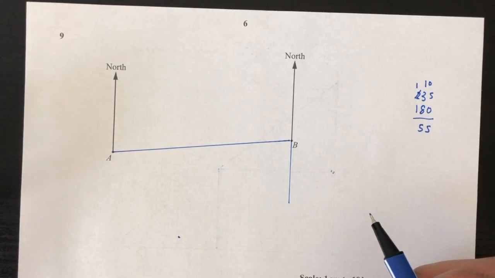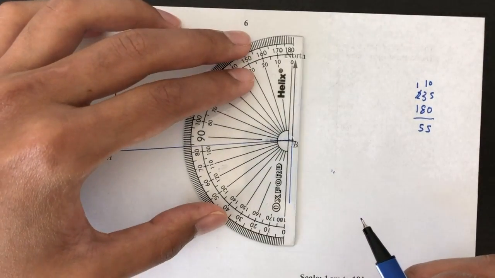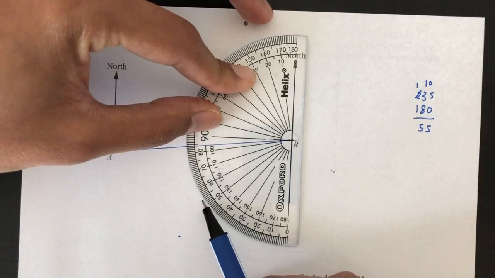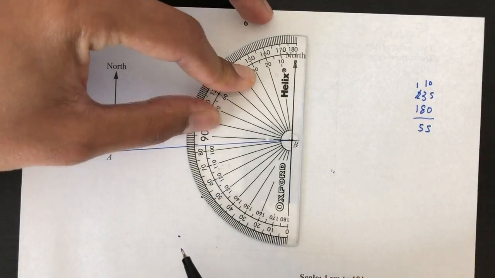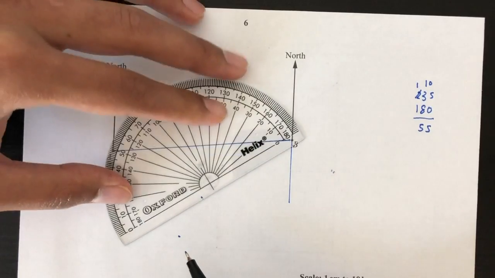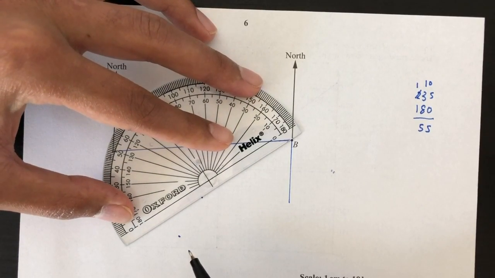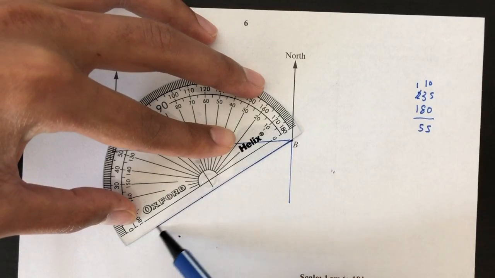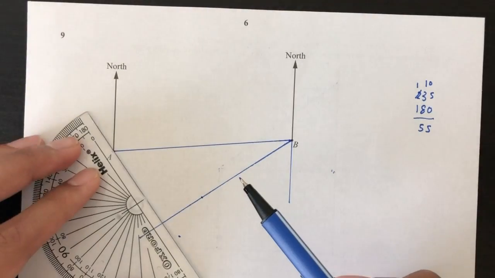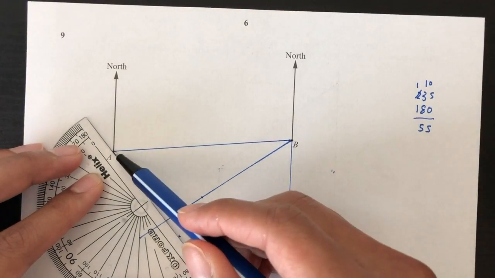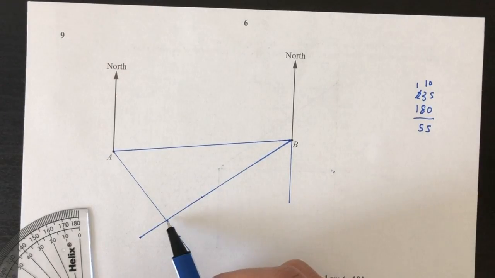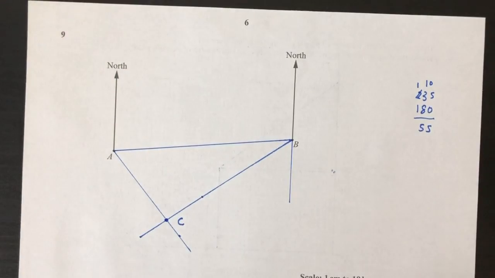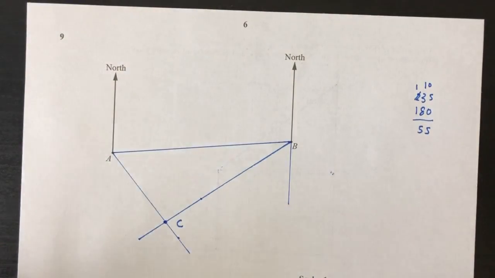So let's measure the angle of 55 after 180. 55 is about here, in this direction. So the point C will be the intersection of this direction and this direction. The point of intersection here will be your point C. Okay, and that is your question 9.